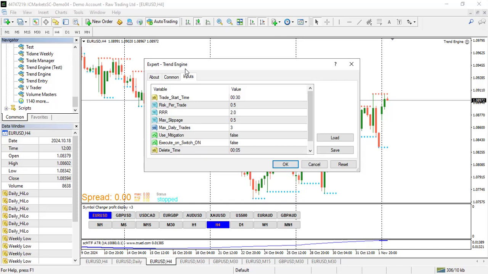So it's really up to you to, of course, still run your own backtest and get the optimum setting for you. All right. So the main thing about the trade start time is that I'll have to close this to explain what I need to explain.